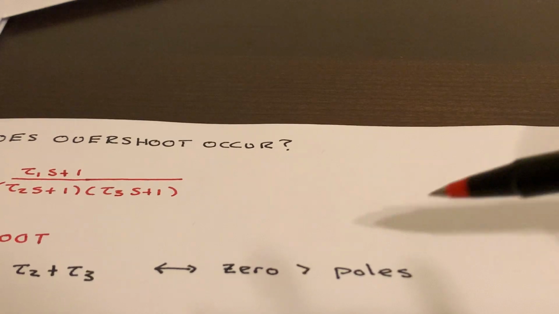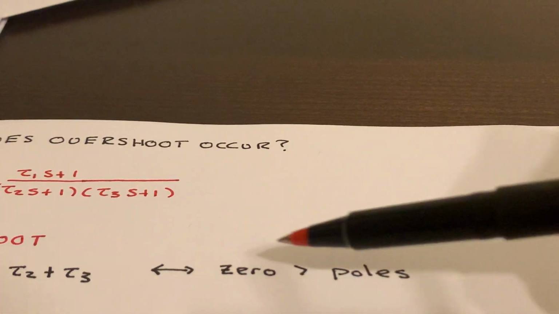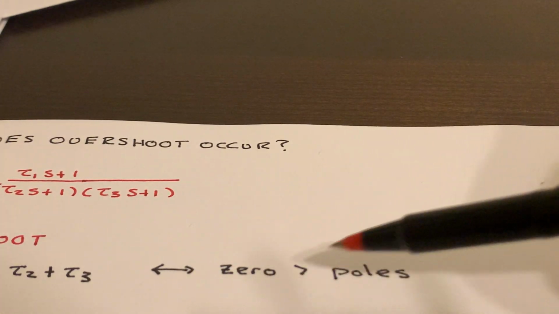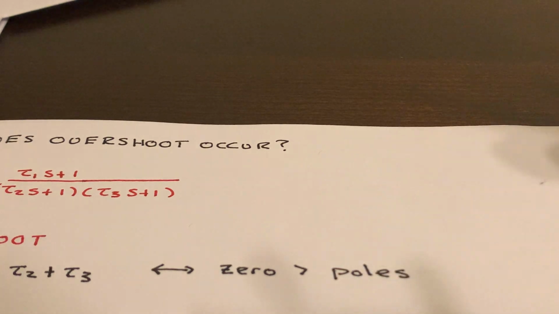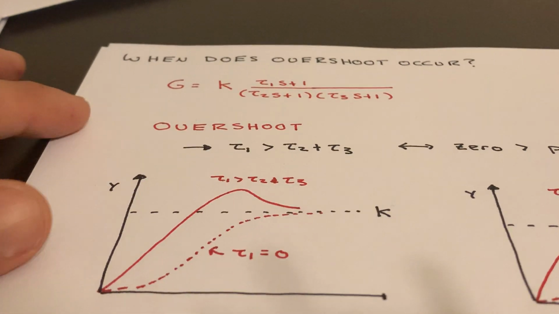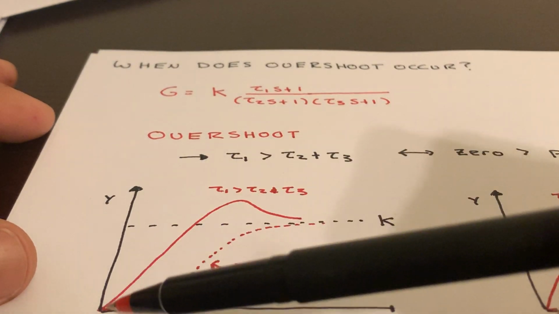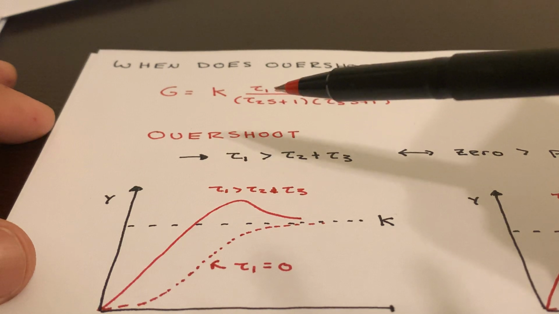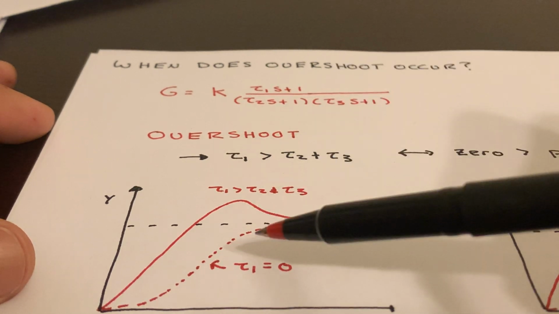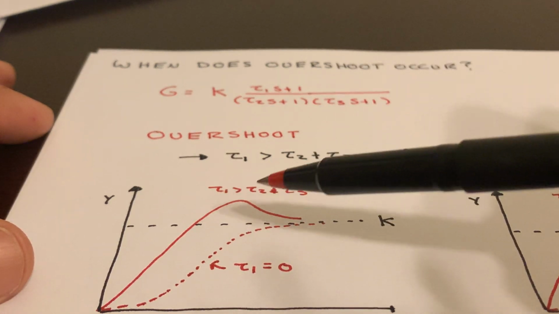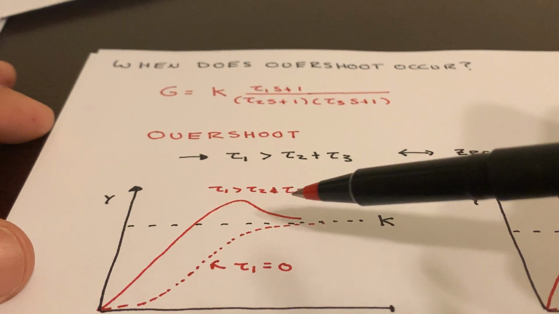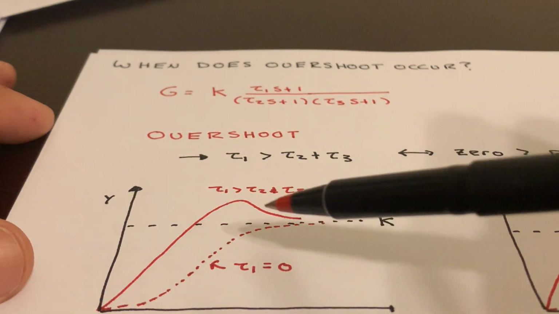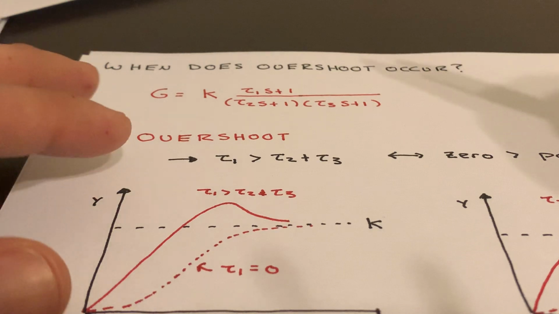Or another way of saying this is that the magnitude of the zero is greater than the magnitude of all the poles. Here, as a reference point, is a system without a zero, which is equivalent to setting tau 1 equal to 0. If we set that equal to 0, that s disappears. And if tau 1 is bigger than tau 2 and tau 3, then we're going to get this overshoot response.